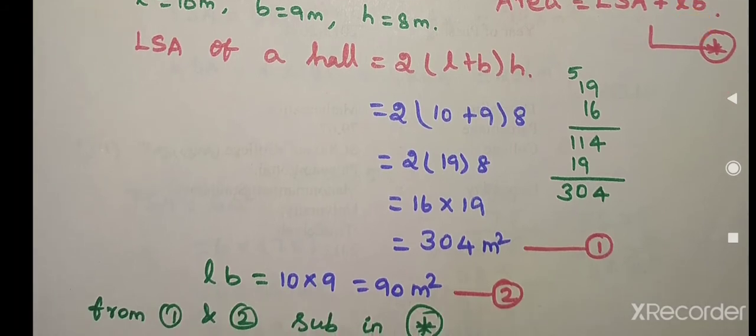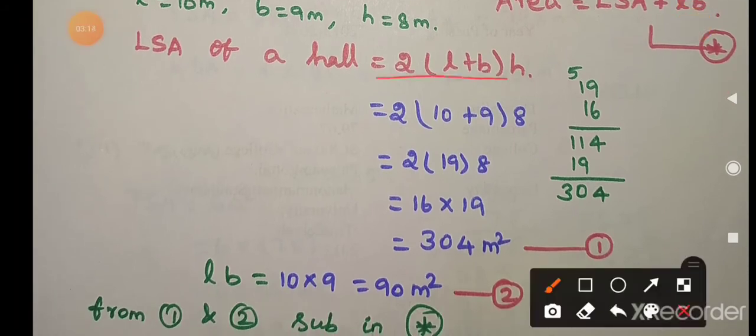So LSA of a hall is our formula 2 into (L plus B) into height. Our length is 10, breadth is 9, height is 8. So 2 into (10 plus 9), 19, and 8. 2 into 8, 16 into 19. 6 into 9, 54, balance 5. 6 into 1, 6 plus 5 is equal to 11.